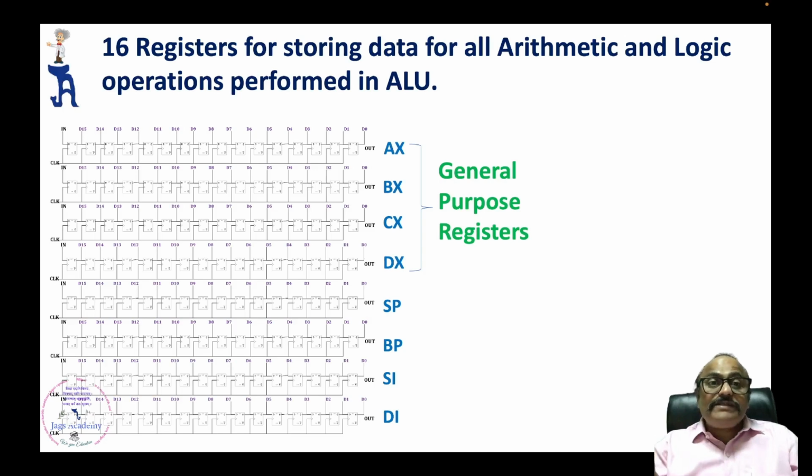It need not be 16-bit. As technology evolves, it can be 32-bit or 64-bit. We are living in the era of 64-bit microprocessors now. So understanding these basic registers is very important to understand all the higher versions of these registers.